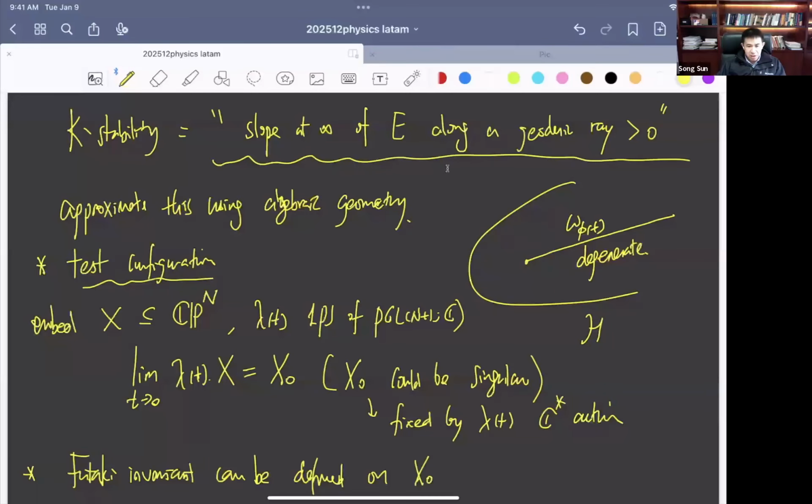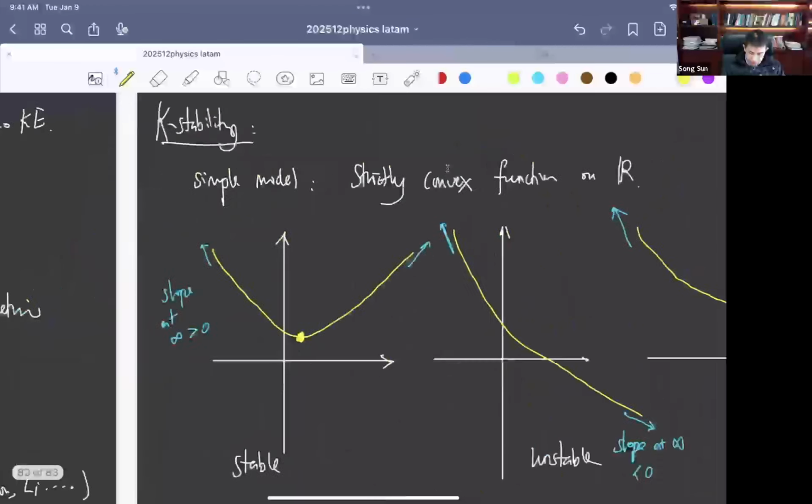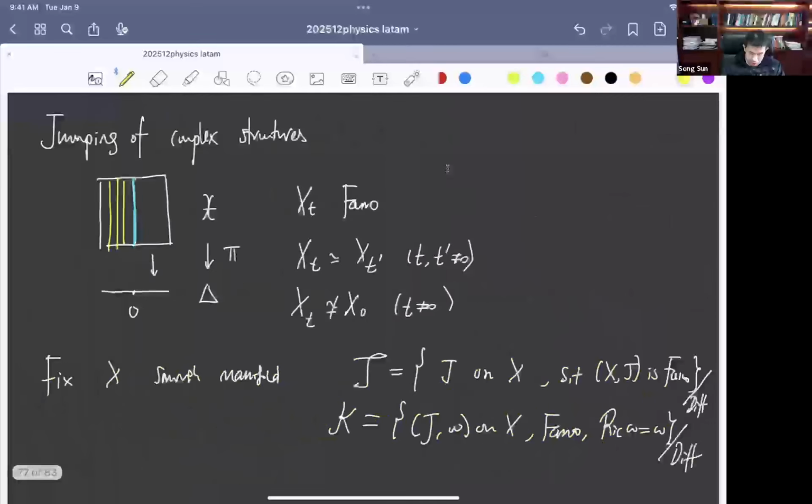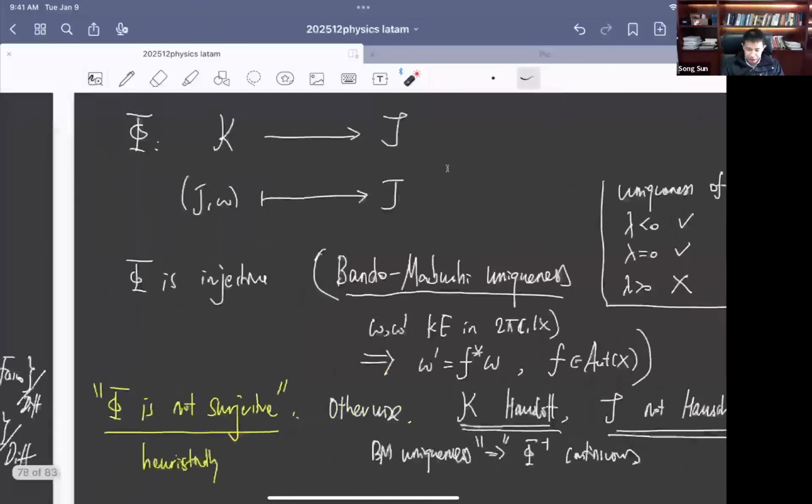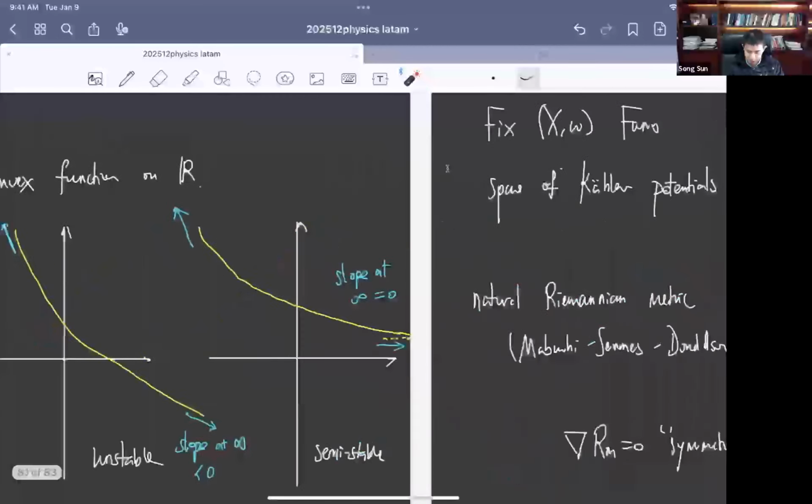So Y is a Futaki invariant, right? We know that the Futaki invariant is something we define, and it involves, let me go back to the Futaki invariant, a holomorphic vector field. And suppose X0 is smooth, then the holomorphic vector field is just the vector field that generates a C star action. So you have the Futaki invariant, that's fine.